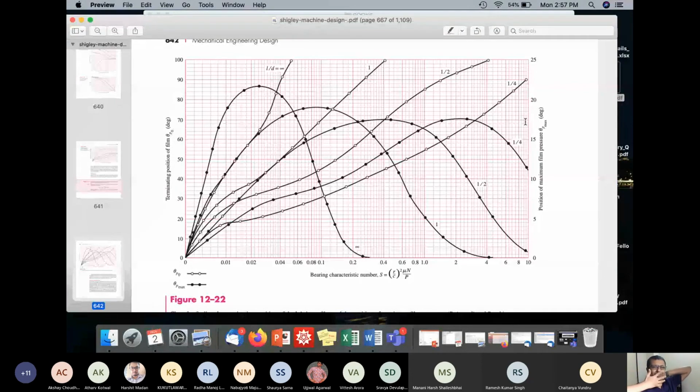It was not there in my lecture notes somehow, but these are the things where you can find out where the film starts and where the film ends with these graphs. Okay, so now I think this is finally over. Officially over with this. So theta p max and that.